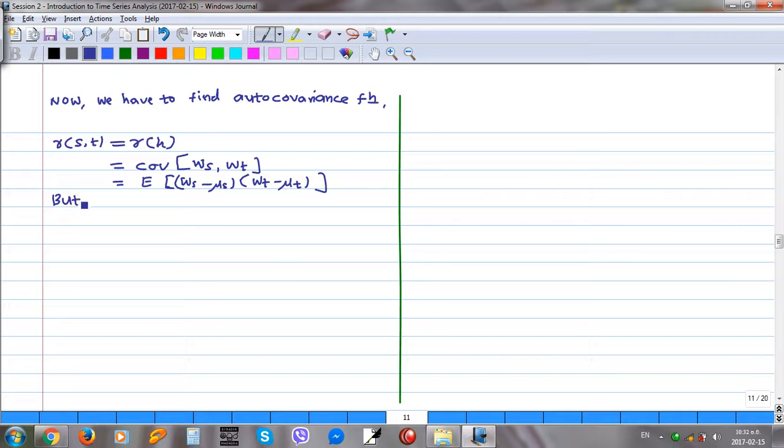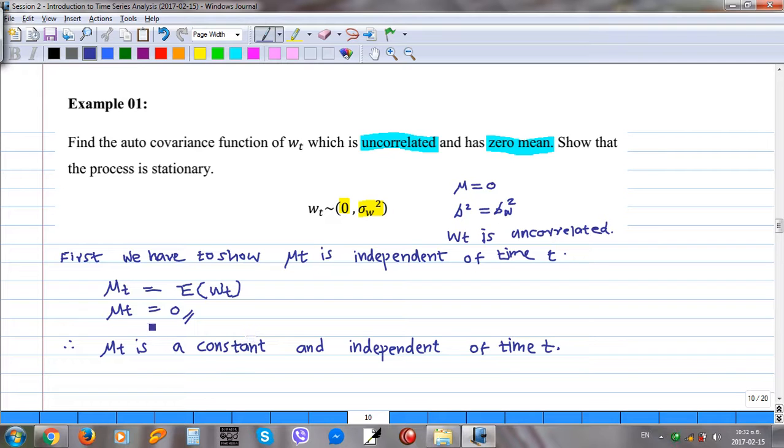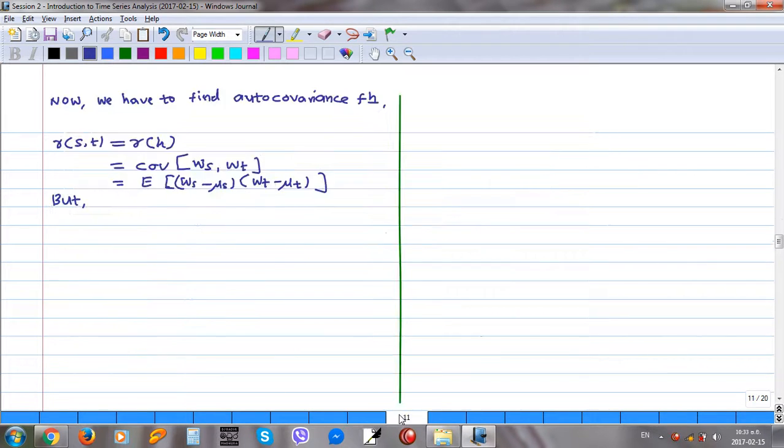But here, given what mu equals, we found that mu t and mu s equal 0, right? So mu t equals mu s equals 0, therefore we can write gamma s comma t equals expectation of (w s minus mu s, which equals 0) times (w t minus mu t, which also equals 0).